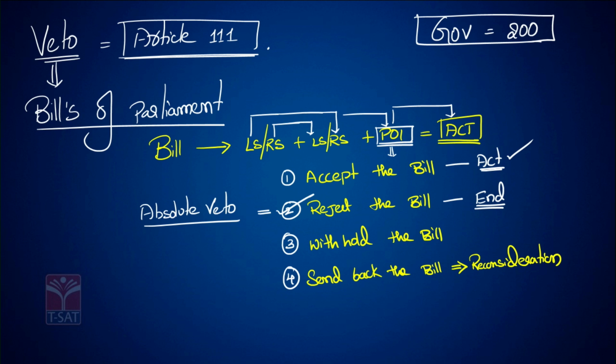Three, the President can withhold an ordinary bill for any number of days. When the President utilizes this veto, withholding the bill for any number of days, this is called pocket veto.